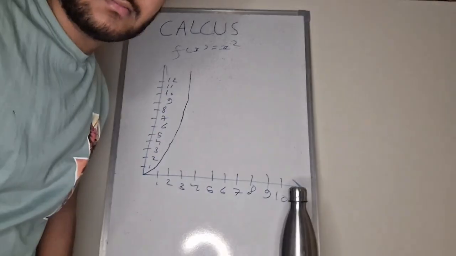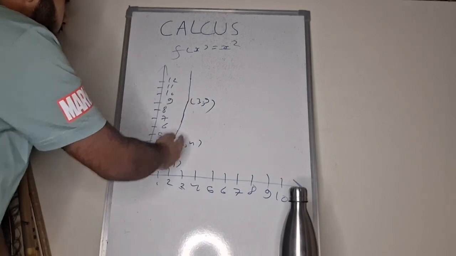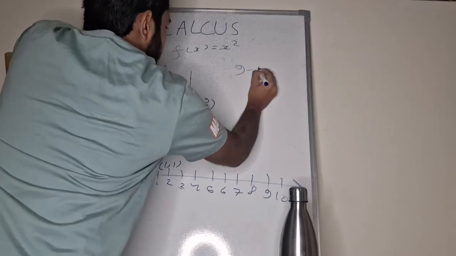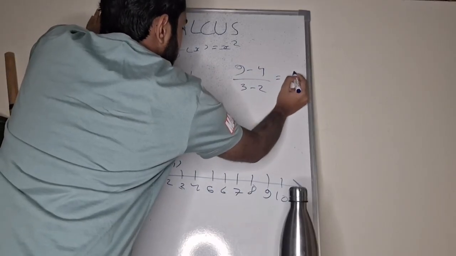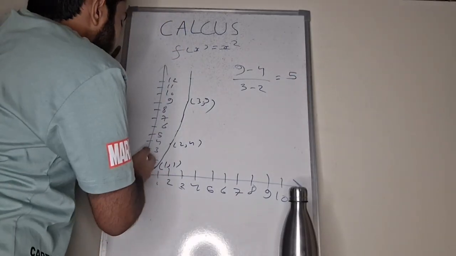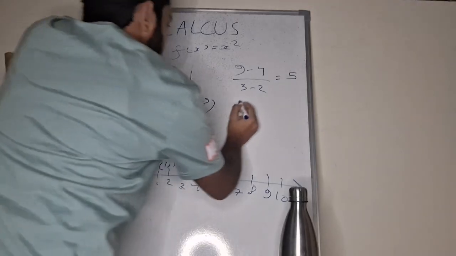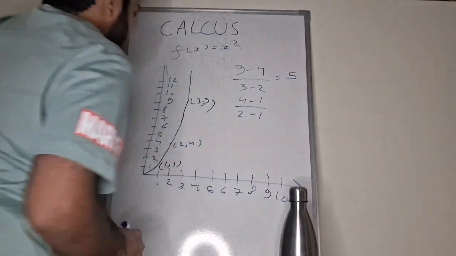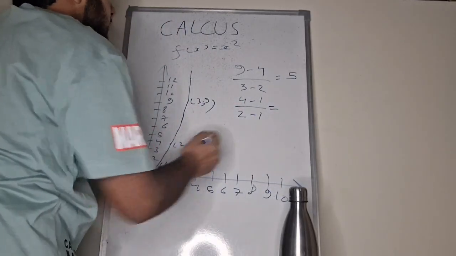So you can see here this is (3, 9) and this is (2, 4). Now 9 minus 4 divided by 3 minus 2 equals 5. And here, (2, 4) and (1, 1): 4 minus 1 upon 2 minus 1 equals 3.